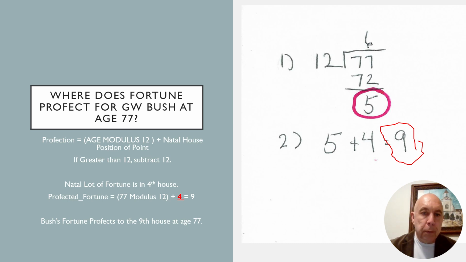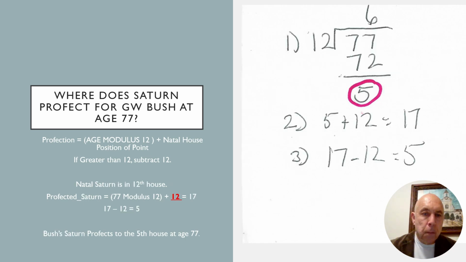All right, let's do one more. Where does Saturn perfect to for George W. Bush at age 77? Well, natal Saturn was in the 12th house. So the perfected Saturn is going to be equal to 77, Bush's age, modulus 12, plus 12, which is the natal Saturn's house.